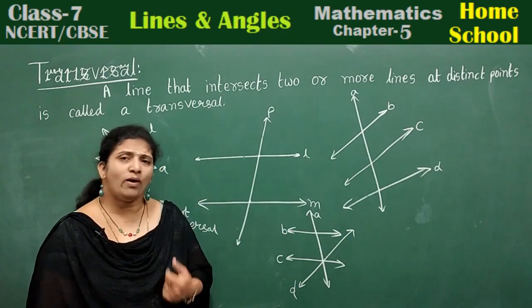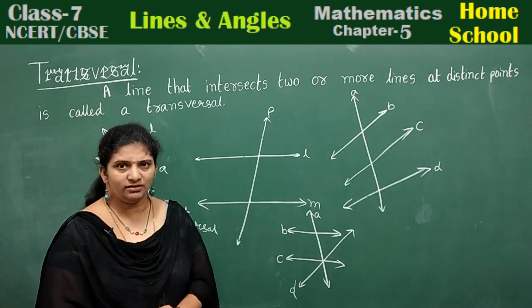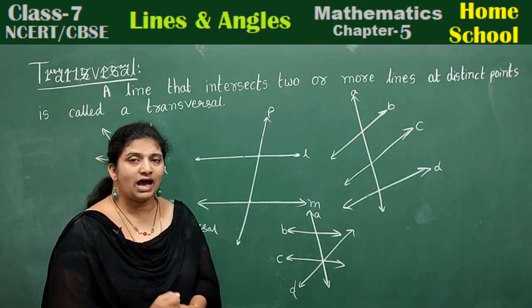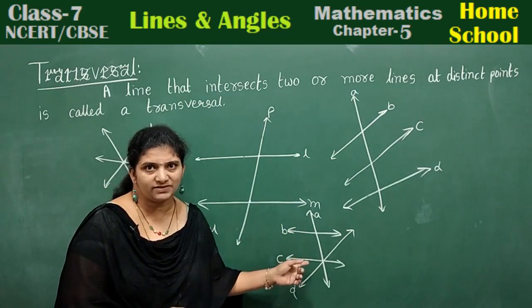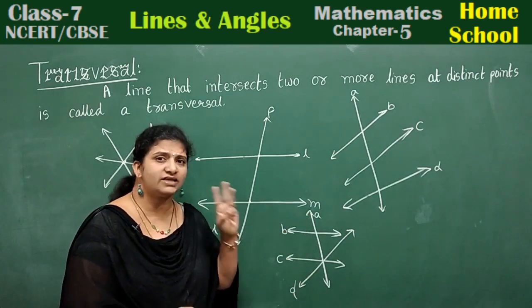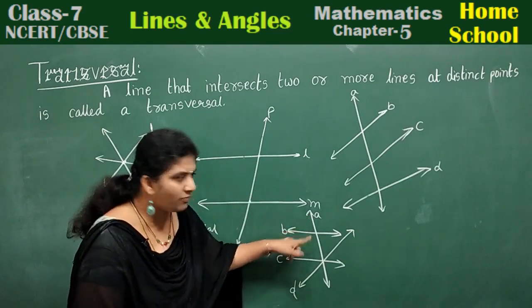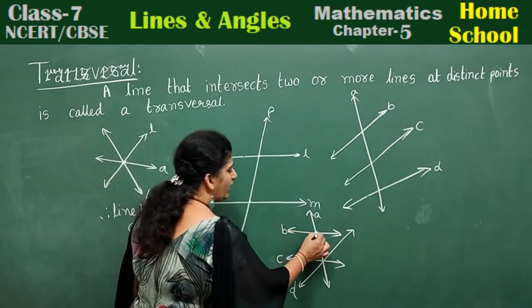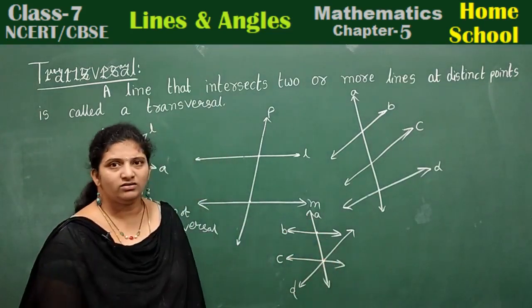No. Why no? Observe here carefully, children. If line A is a transversal for three lines, this line should intersect at three distinct points. But how many points is it intersecting? Count along with me. 1 and 2, that's all.